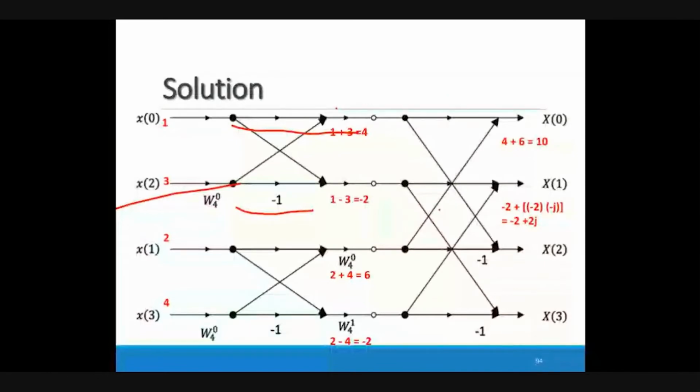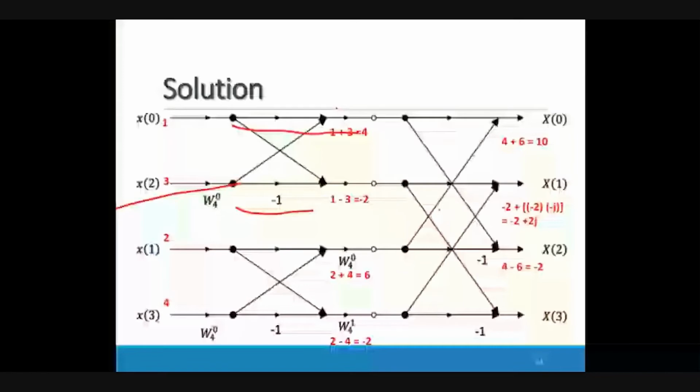Okay. Now for the third position, the third value, 4 is coming from the first line, and 6 is coming from the third line. It is multiplied with the twiddle factor omega 4 0. As omega 4 0 has value 1, you are getting the real number only, that is 4 minus 6 is equal to minus 2.